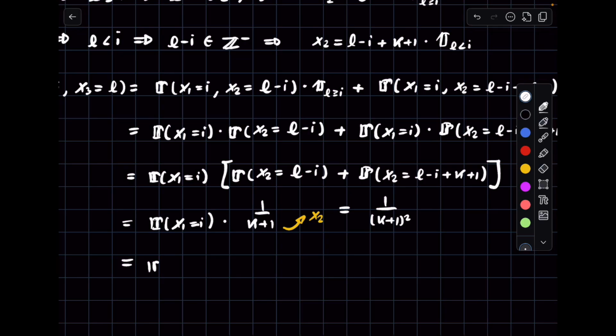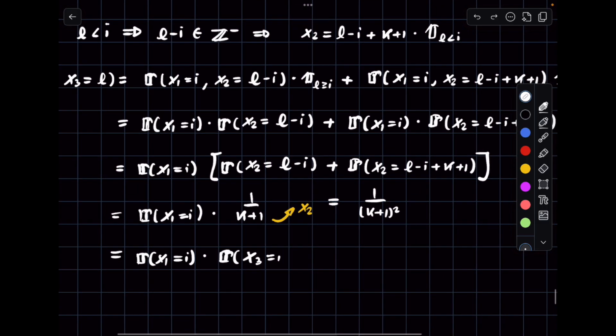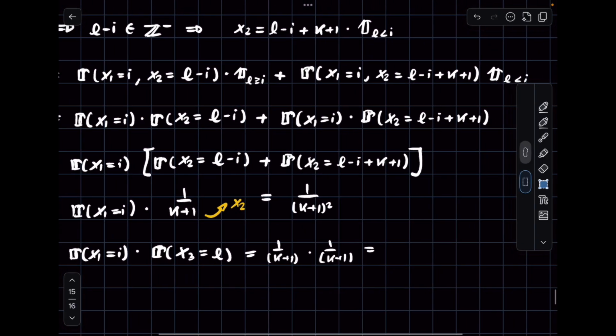And this would be the same as saying x1 equals I times the probability of x3 equaling L, sorry. It will be the same thing. And that is about it.